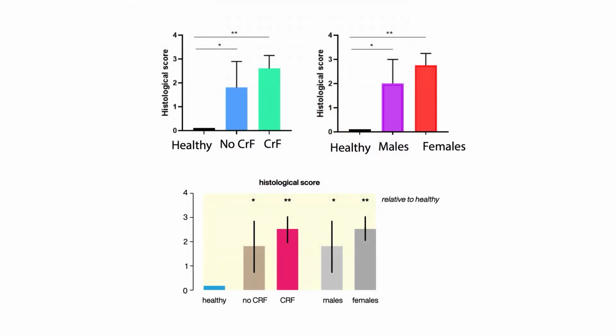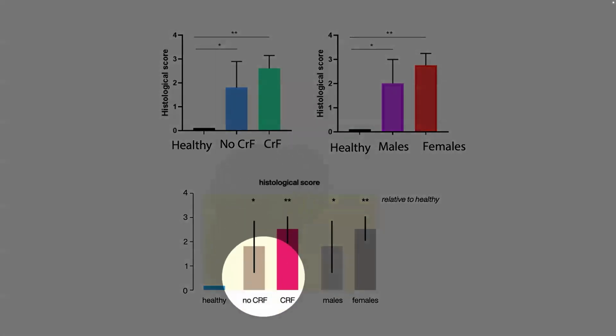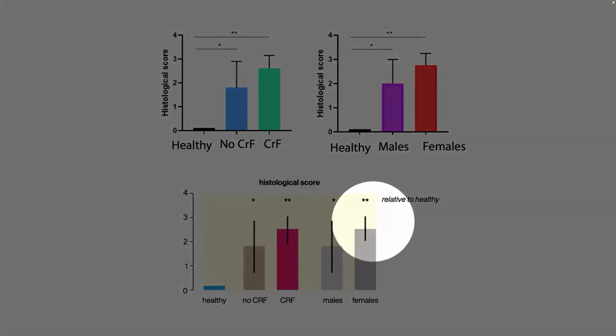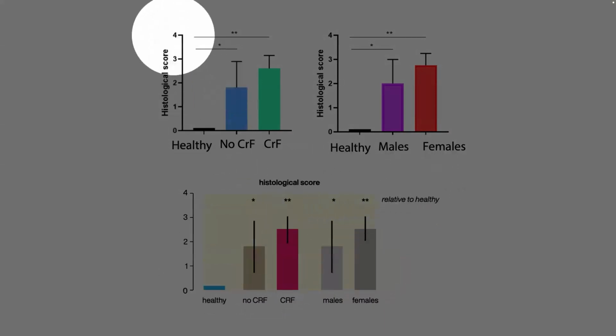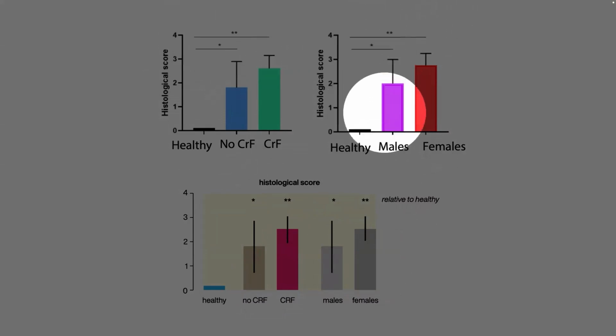So for example, I feel like if you can combine axes where possible, or share axes again where possible, you should do so. So in this case, I've combined these by showing you the creeping fat mice as a group here, and the males and females as a group here. And then these are stars relative to healthy. I don't need this horizontal line that connects the pairs of boxes.